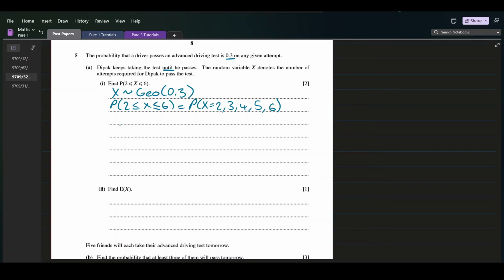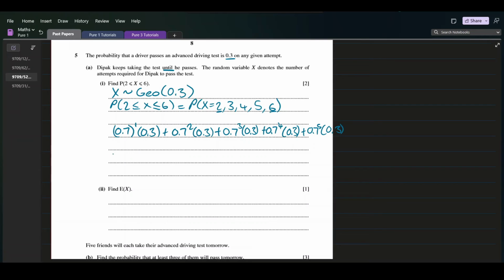So that would be equal to the probability of failure, 0.7, to the power, let's start with when x is 2, so that's to the power 1 times 0.3, plus 0.7 to the power 2 times 0.3, plus 0.7 to the power 3 times 0.3, plus 0.7 to the power 4 times 0.3, and lastly for x is 6, that's 0.7 to the power 5 times 0.3.